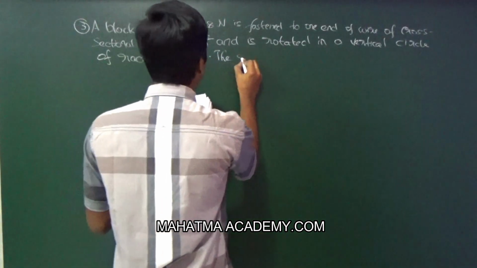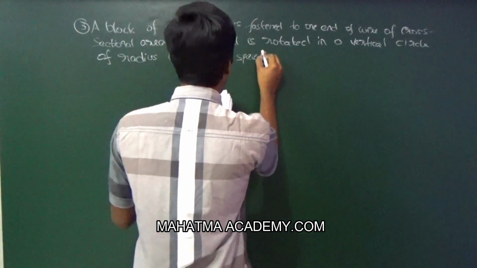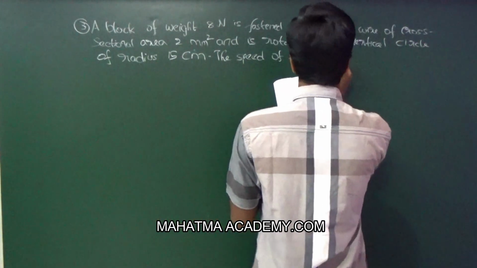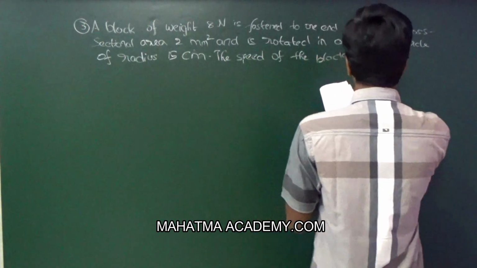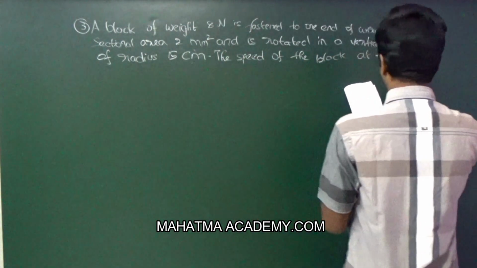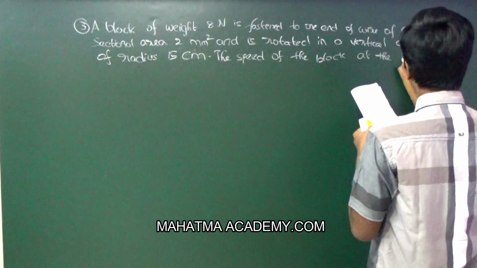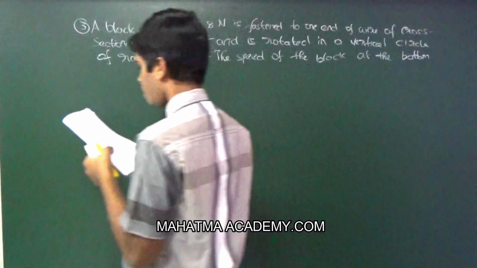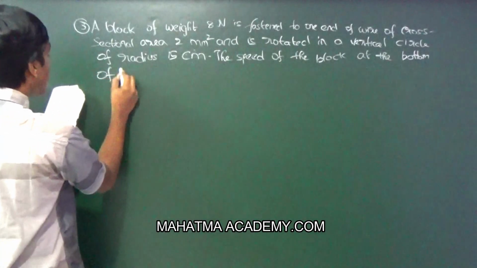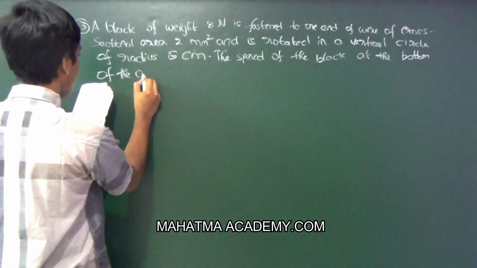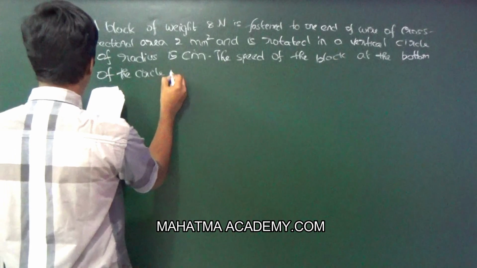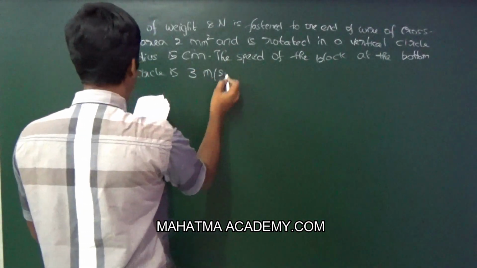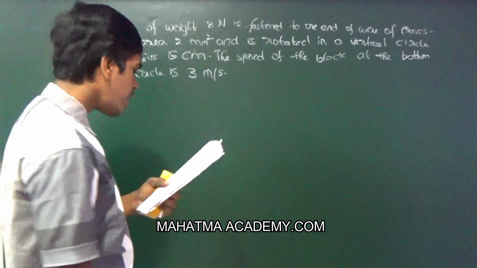The speed of the block at the bottom of the circle is 3 meters per second. Now we want to find the elongation.